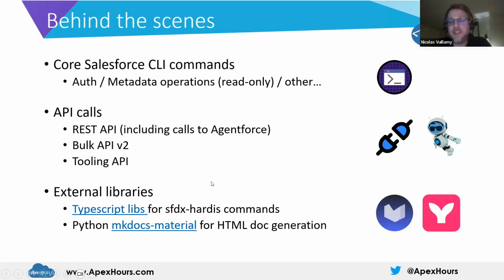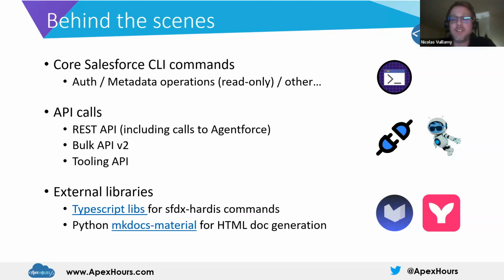And as with any Salesforce CLI package, we also use external libraries, so many TypeScript libraries, of course curated. We don't take any library, because we understand that SFDX connects to your production org. So we don't use random libraries that can be easily hacked.